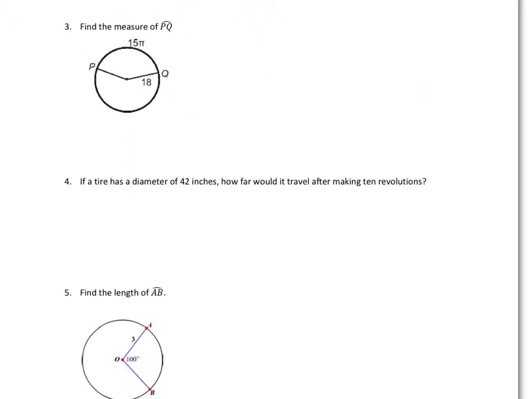Number 3 here, we're going to find the measure of PQ. The measure of PQ is different from the length of PQ. If you remember back from chapter 10, the measure of an arc was how much out of 360, and it was the same exact thing as the angle that was created. So we're really just looking for theta. I've got the same equation, arc length equals theta over 360 times 2 pi r.